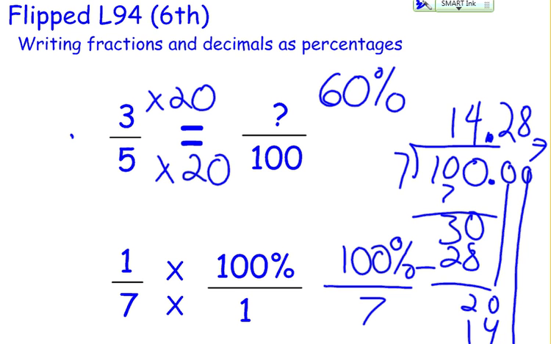So we'll just cut it off right there and say it's about 14.28%. All right, poor example. However, you can see the method that I'm using here, and it does work. Let's go back and try an easier one.